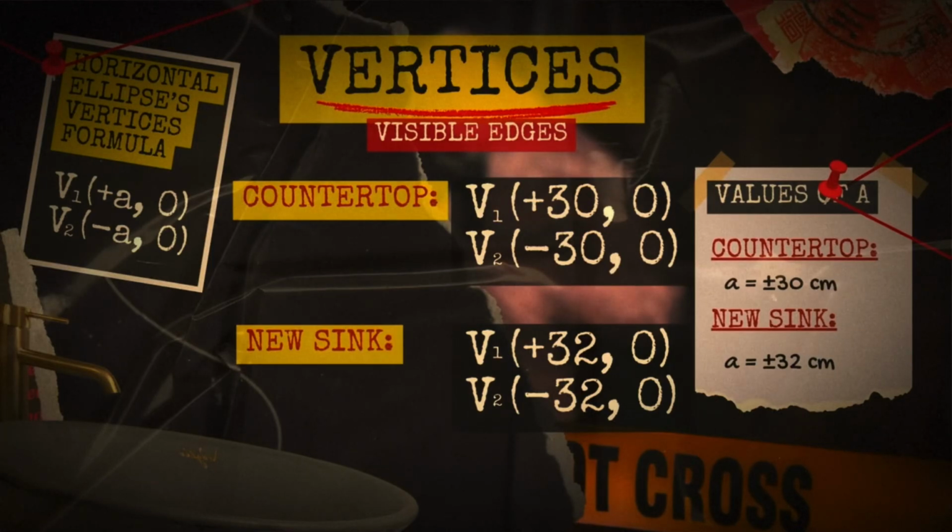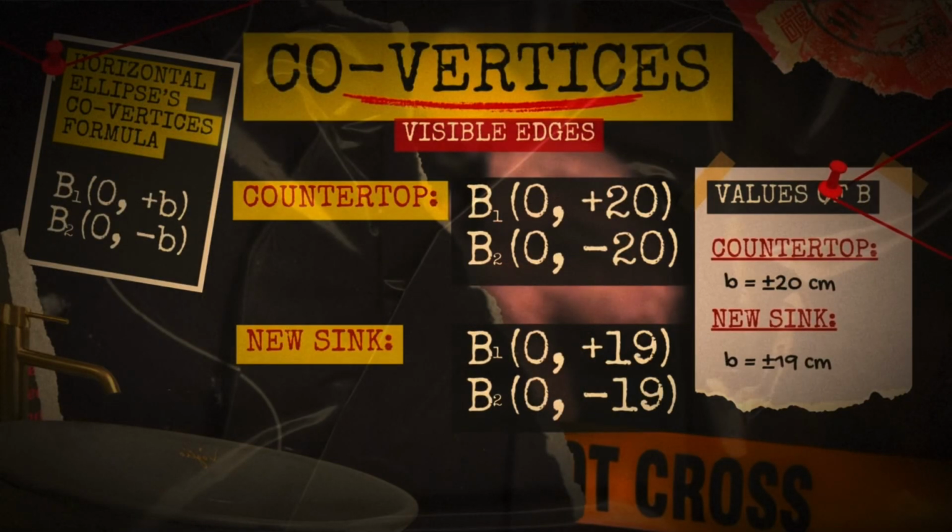In exhibit B, we have the value of a, positive-negative 32. So in our new sink, vertex 1 will be positive 32 and 0, and vertex 2 will be negative 32 and 0. In order to get the co-vertices of each ellipse, all we need to do is substitute the value of b into the y of the ordered pair.